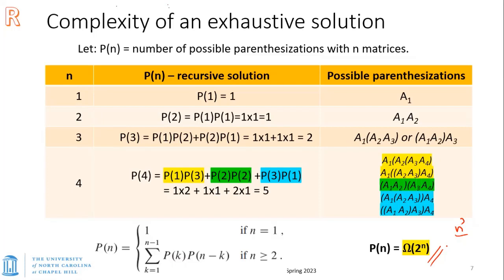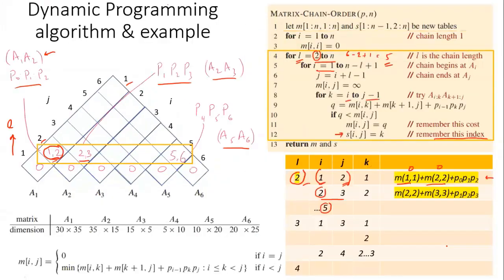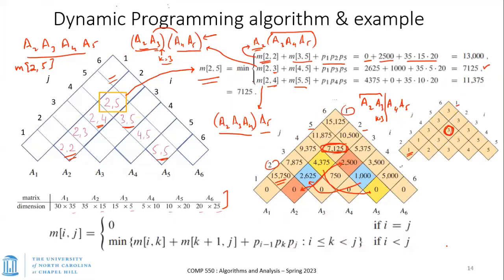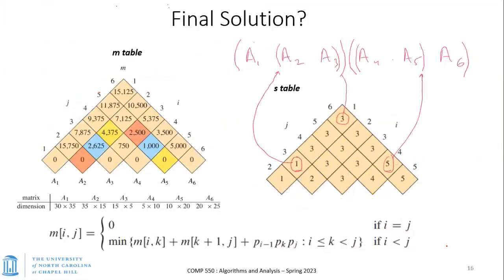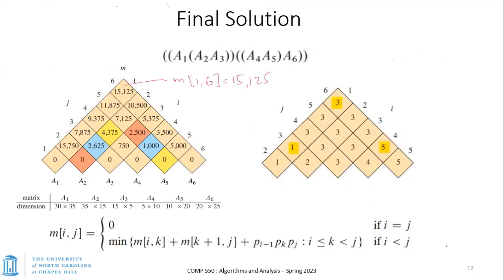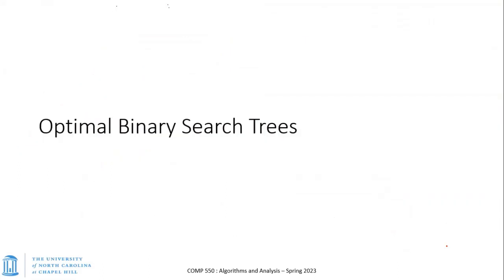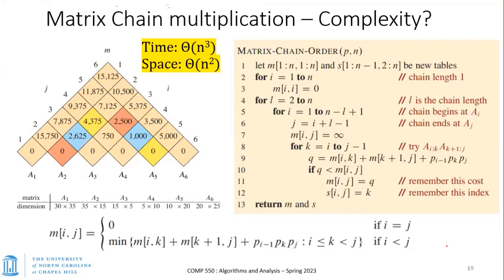So dynamic programming is terrific for really difficult problems. The reductions in complexity it gives you are absolutely amazing. So now, unless there are any questions on the matrix chain multiplication, let's take a look at another somewhat similar problem, but each one of these problems is unique as well.